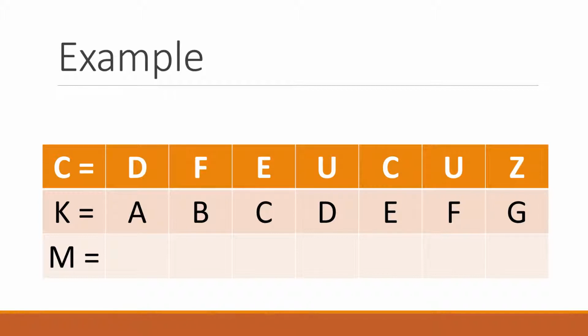Well, the very first letter of the ciphertext is D, and the corresponding key value is A. So in order to find the corresponding plaintext letter, we want to shift D backwards by the value of A. So since A corresponds to 0, the plaintext letter is D.